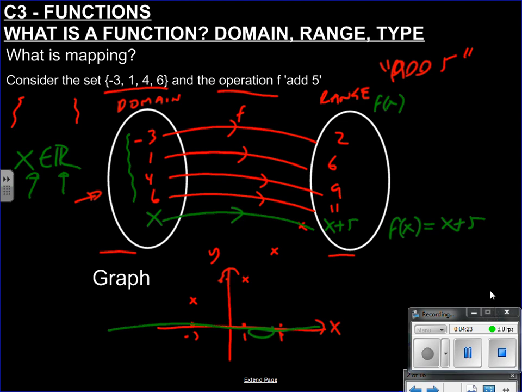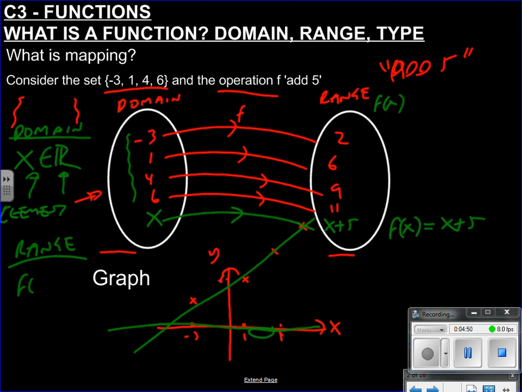And this weird looking E means element of the set. So you're saying x is within the set of all real numbers, so everything excluding imaginary numbers. And now I can join these crosses together. Therefore, here's our domain, because here are all the numbers that can go into our machine, and our range, our output, is f of x.